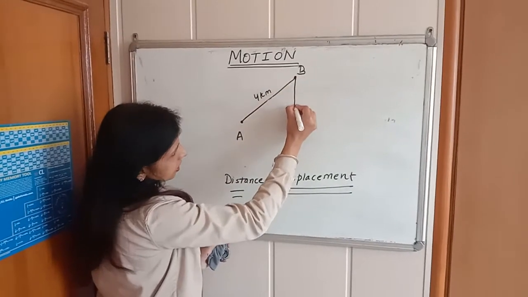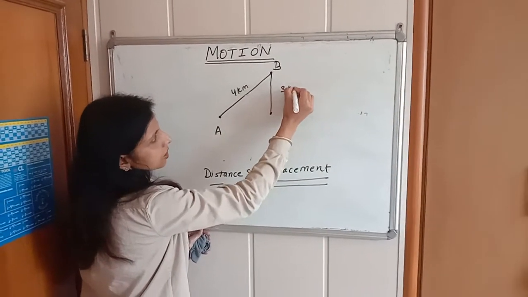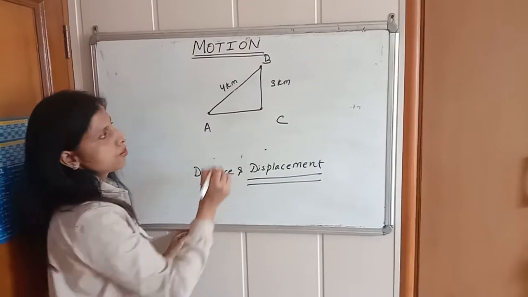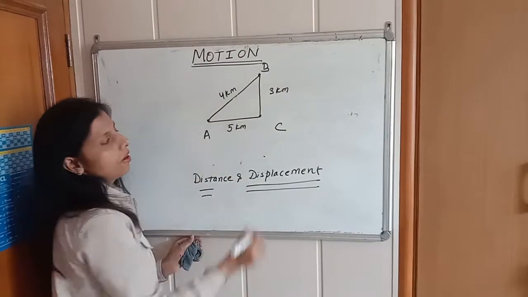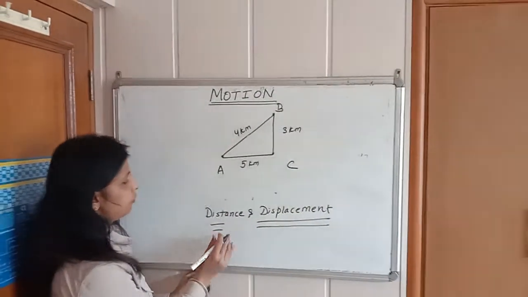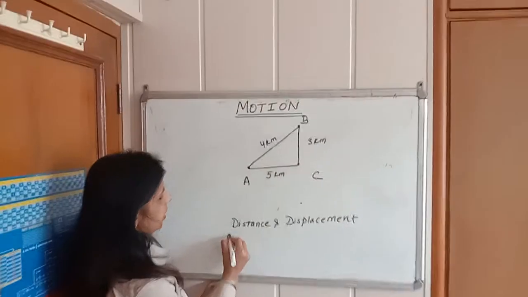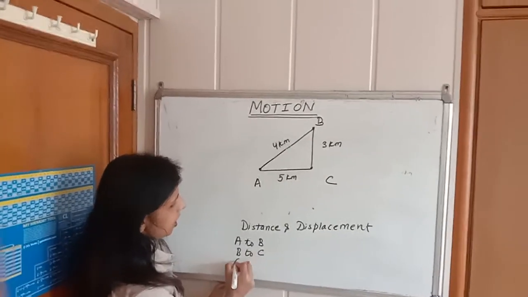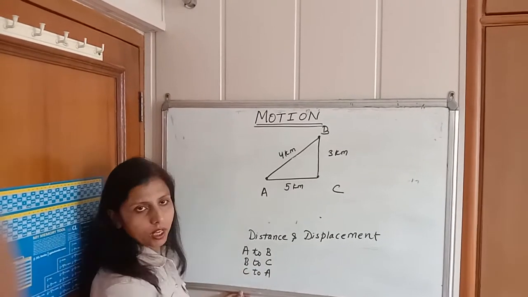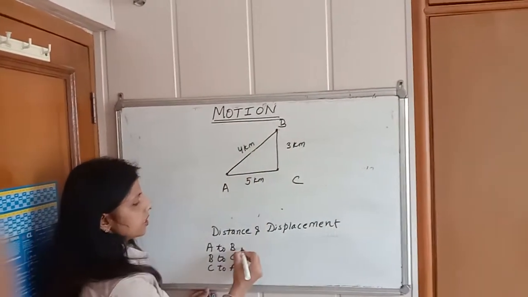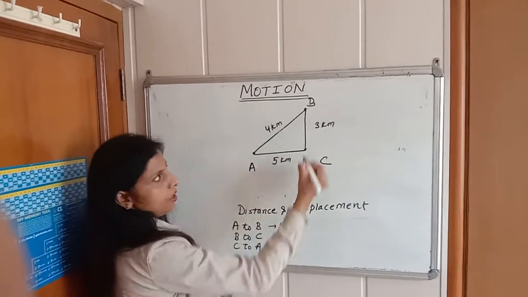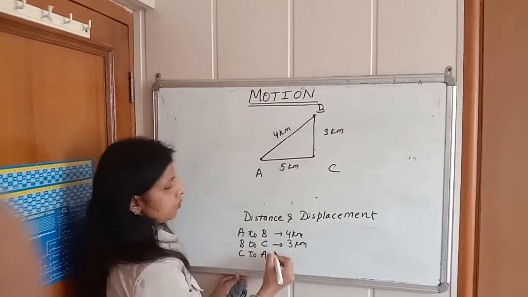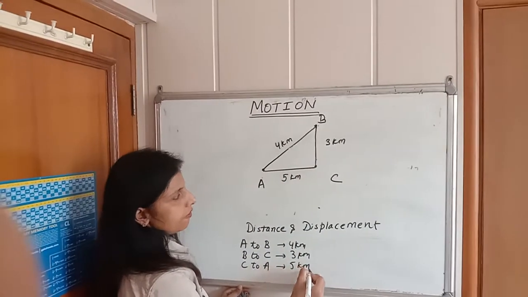Further, it covers a distance of maybe 3 kilometers, reaches point C, and further moves from C to A, covering a distance of 5 kilometers. The body has moved from A to B, then from B to C, and then from C to A. When it was moving from A to B, it has covered a distance of 4 kilometers. From B to C, 3 kilometers. And from C to A, 5 kilometers.